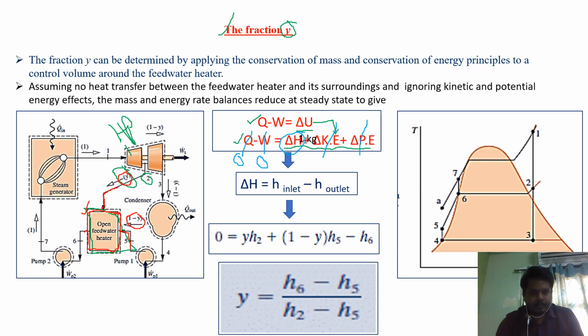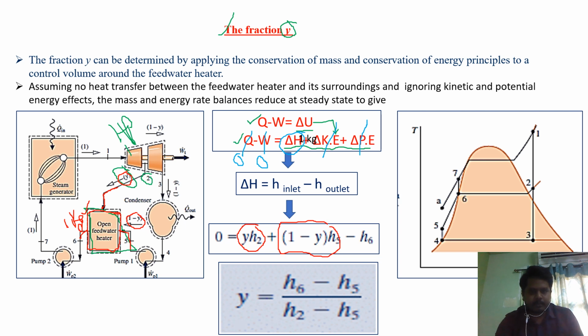And at the exit, 1 kg mass leaves the open feed water heater at point 6. Now the enthalpy at inlet is, we have to add enthalpy at point 2 and enthalpy at point 5: Y H2 from point 2 plus (1 minus Y) H5 from point 5.